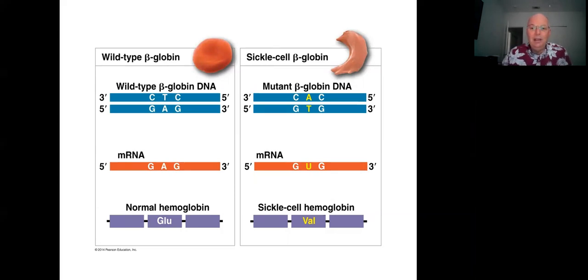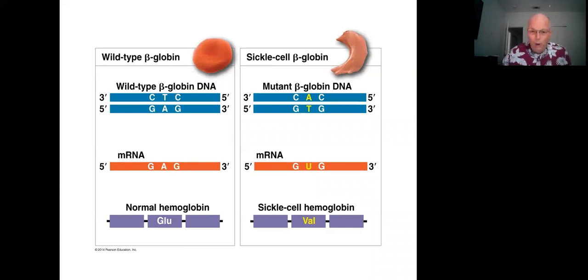That gives us a codon in the messenger RNA of GUG, and that is a codon for valine, which is a non-polar amino acid. So we've gone from an acidic polar amino acid to a non-polar amino acid.